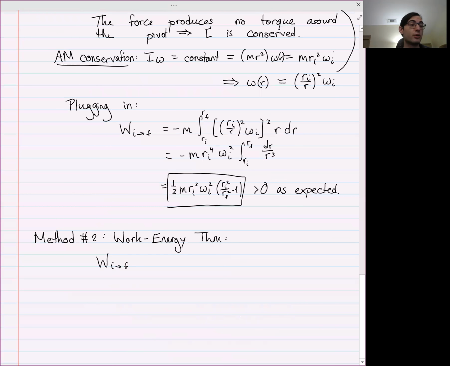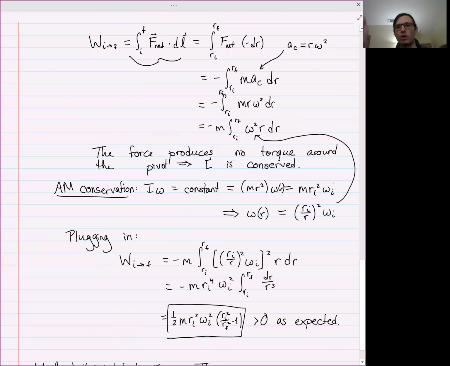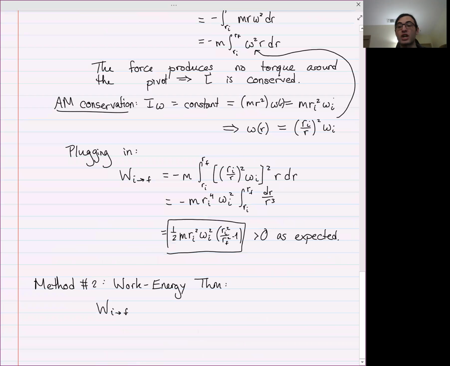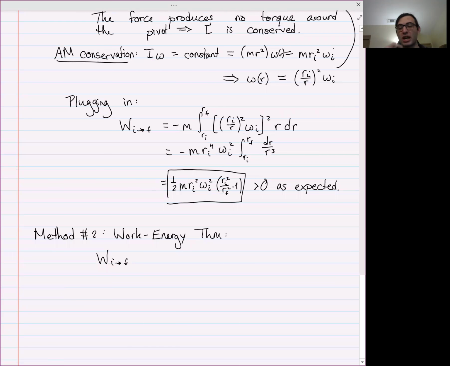All right, so the next thing that we can do is apply the work energy theorem, which basically just says the external work done, in this case the work done by this pulling force, should be equal to the change in kinetic energy. Now, this is a rotating system, so we can just use final minus initial rotational kinetic energy, 1/2 I_F omega F squared minus 1/2 I_I omega I squared, right?